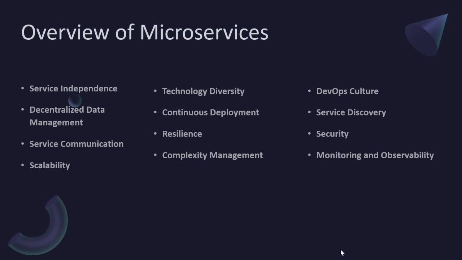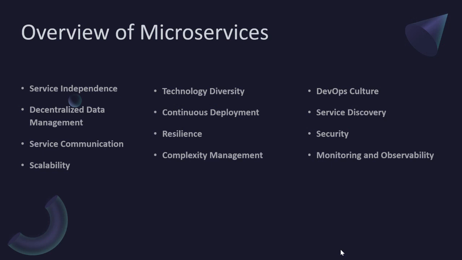Second point is decentralized data management. Each microservice typically has its own database, which means that the data storage is also decentralized. This can be very useful for a more flexible and scalable system, but it requires careful consideration of data consistency and synchronization.